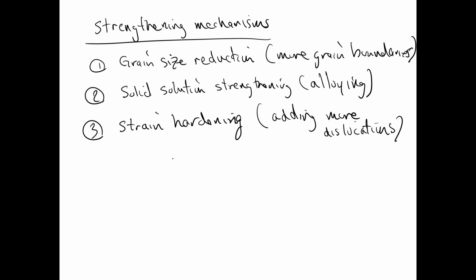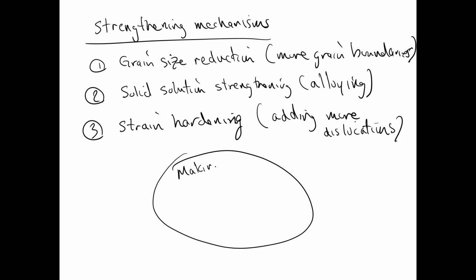Actually, let me back up for just a second. Before I go on, I just want to reiterate that all these things that we do to strengthen materials go back to making it more difficult for dislocations to move.